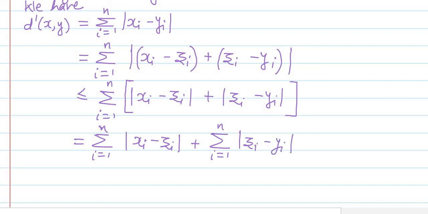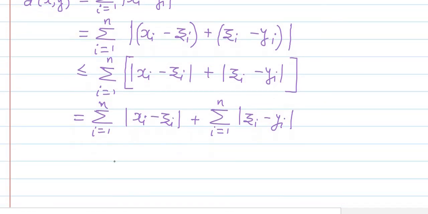Okay, so this we got. And if you recall the definition of d dash of this example, then the right hand side is nothing but the first term, d dash of x comma z, and the second term is d dash of z comma y.